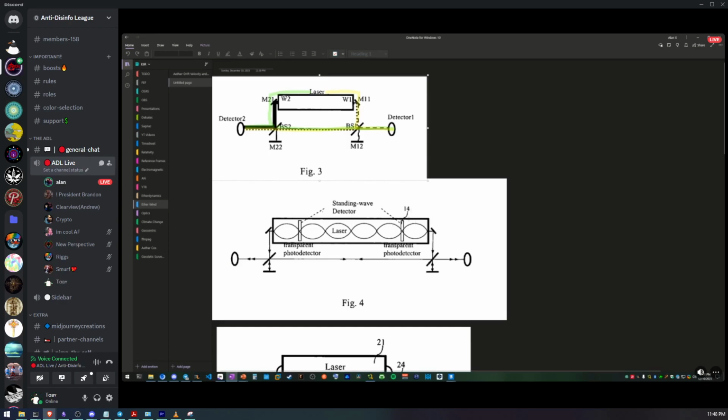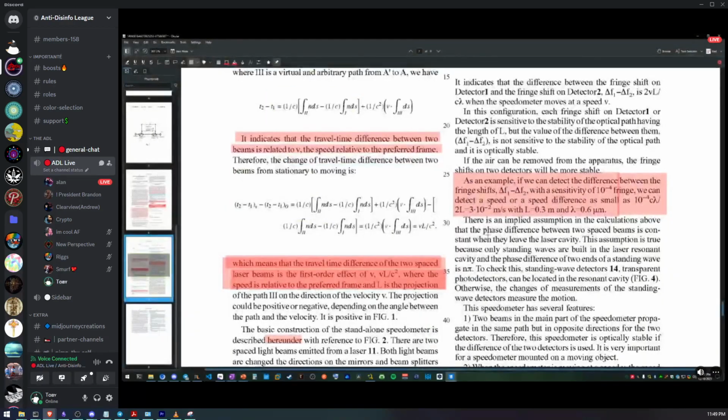And then after it passes this part, this is where the relative motion detection is happening, on the recombining for the detectors, or before it hits the detector. So they leave this cavity in phase, completely synced.